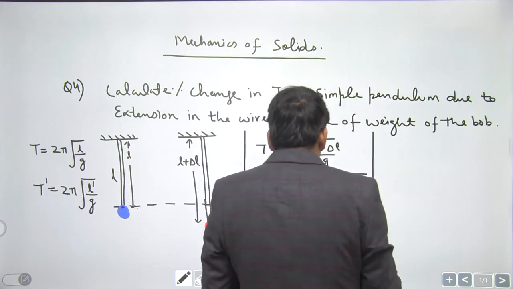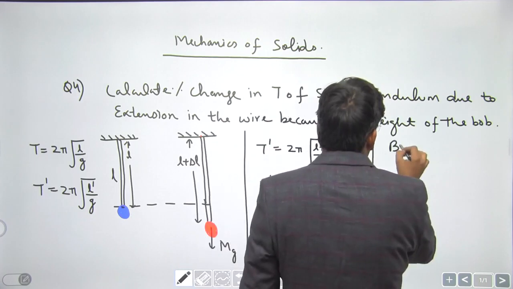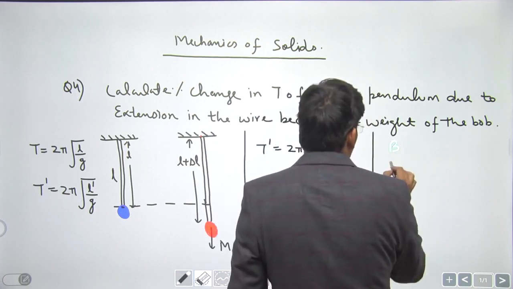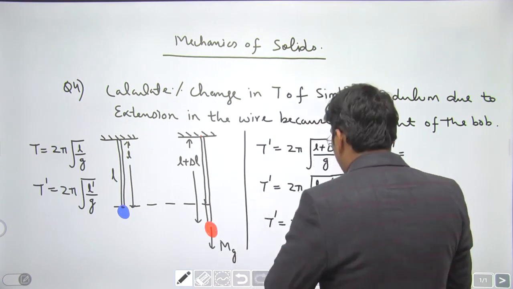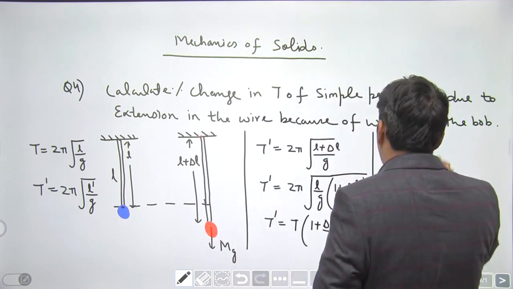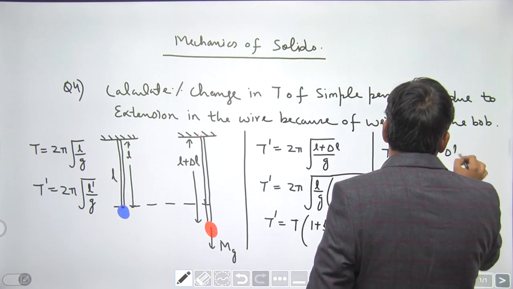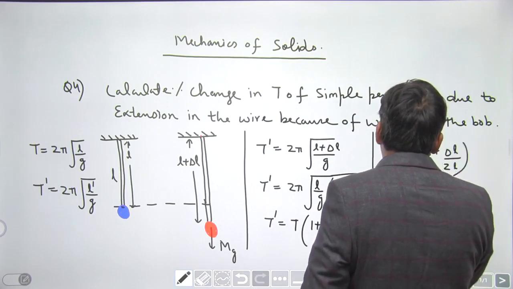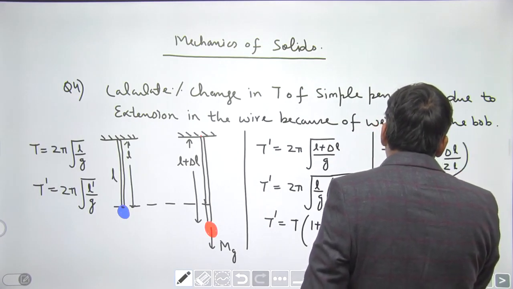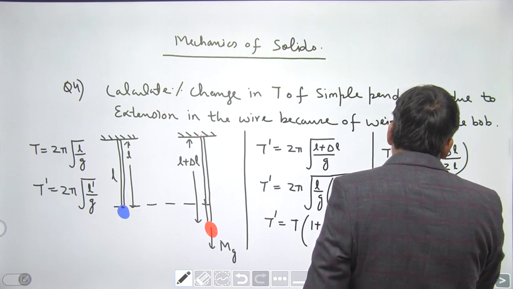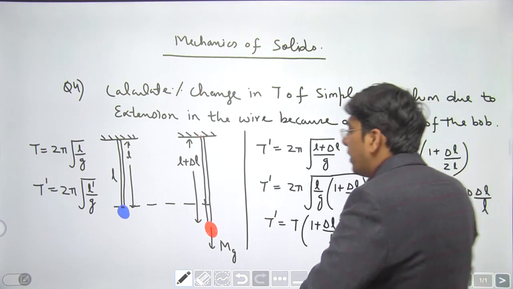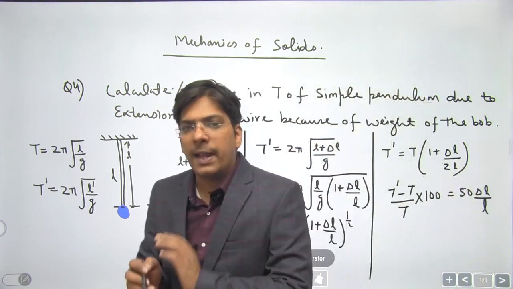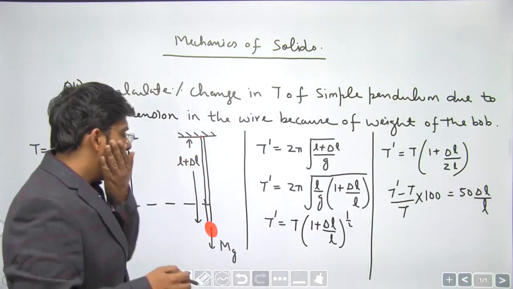Let us use the binomial approximation now. I am not going to write, I am just going to apply. So I am using the binomial approximation, so this power comes inside. Now when you rearrange these values, (T dash minus T) by T into 100, you get 50 into delta L divided by L. Now we are interested in calculating the value of delta L by L, which is actually the strain, right?